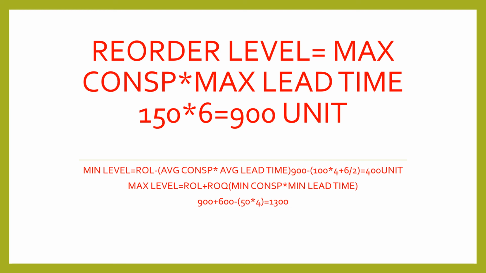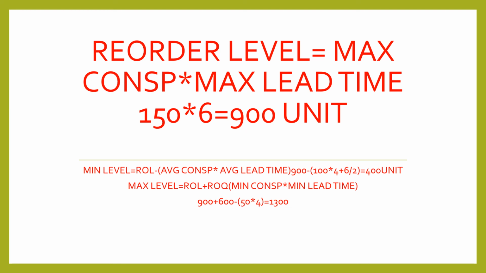The average lead time is calculated by 4 plus 6 divided by 2. Here we get the answer, that is 400 units. So the minimum level required is 400 units.